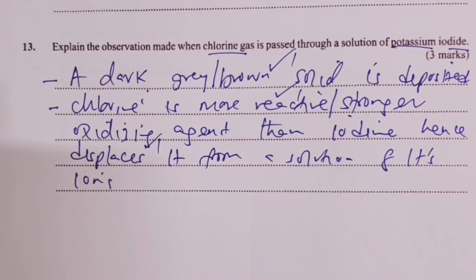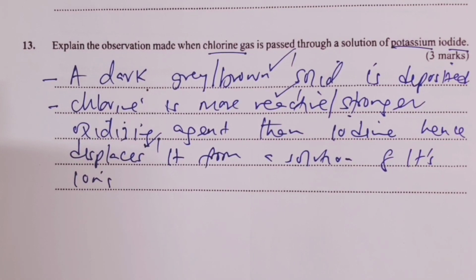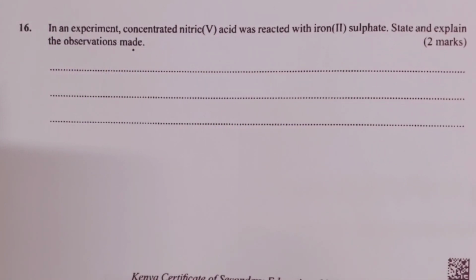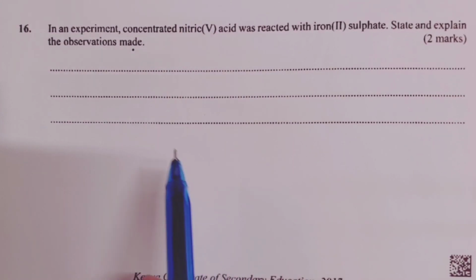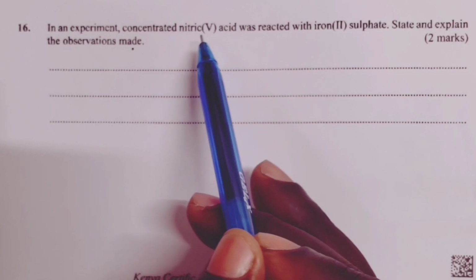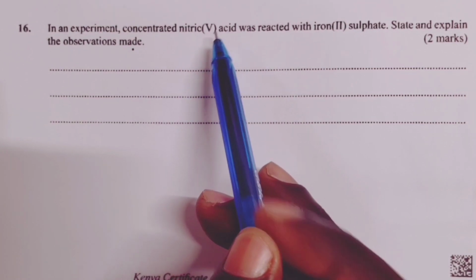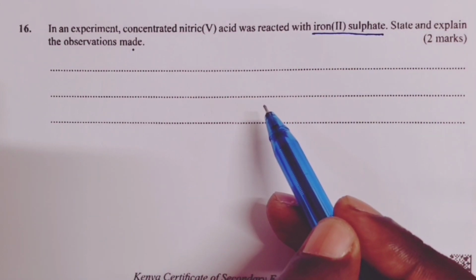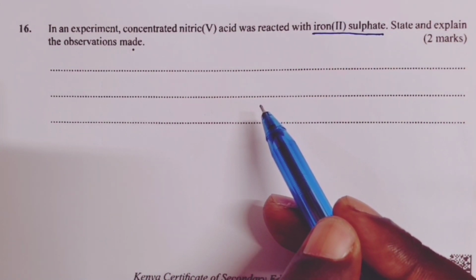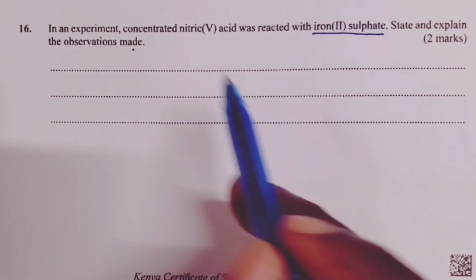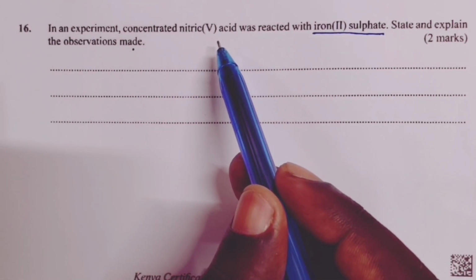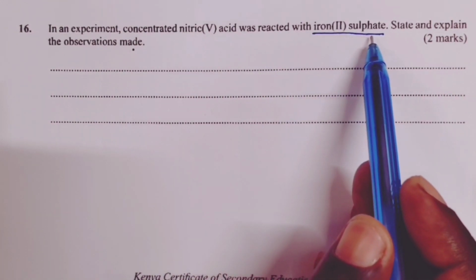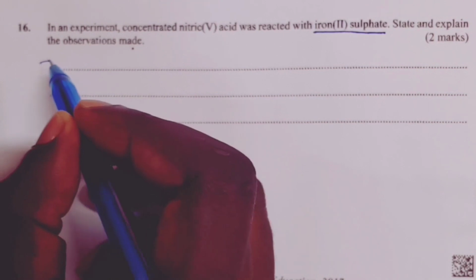Now to number 16, testing nitrogen and its compounds once again. In an experiment, concentrated nitric 5 acid was reacted with iron 2 sulfate. We are told to state and explain the observations. Here, nitric 5 acid is a strong oxidizing agent, so it would oxidize iron 2 sulfate to iron 3 sulfate.